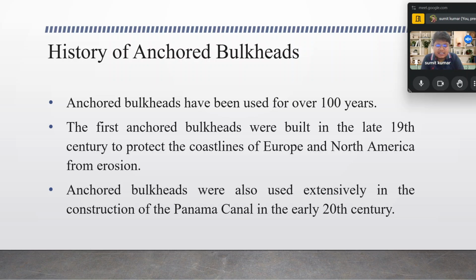Okay, so now we see that anchor bulkheads were also used extensively in the construction of the Panama Canal in the early 20th century. The two examples of application which we have seen are, first, protection from erosion, the protection of the coastline, and second, the construction of the Panama Canal.